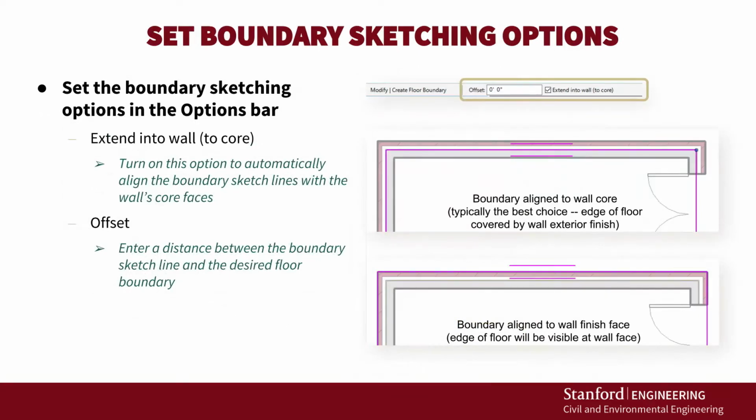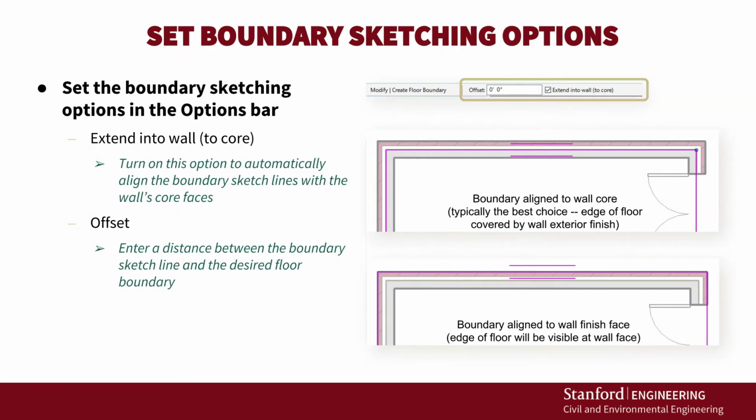Before you sketch the boundary lines, you should set up the boundary sketching options. In the options bar, you'll find a couple of important options. The first is Extend into wall to core. When you turn on this option, it automatically aligns boundary sketch lines with the wall's core faces, which you'll find is a very helpful way to set up floors.